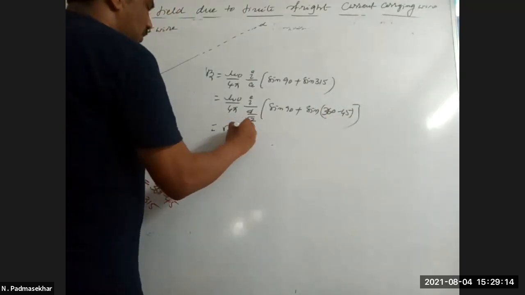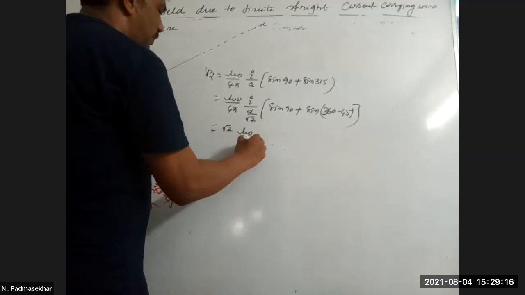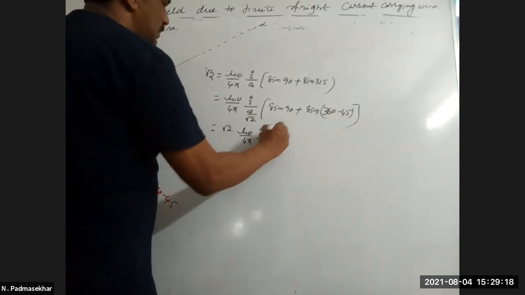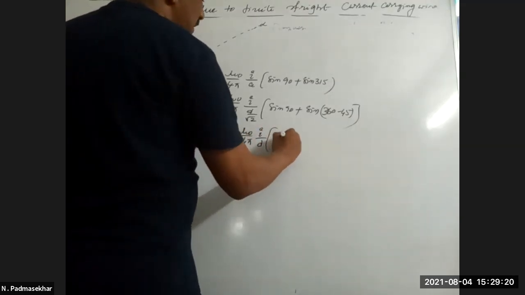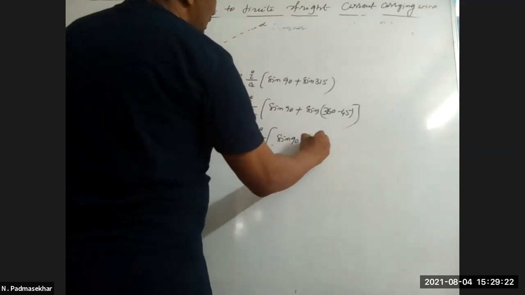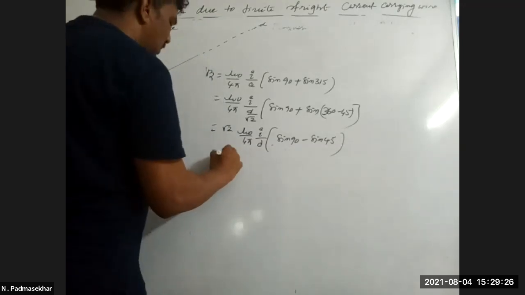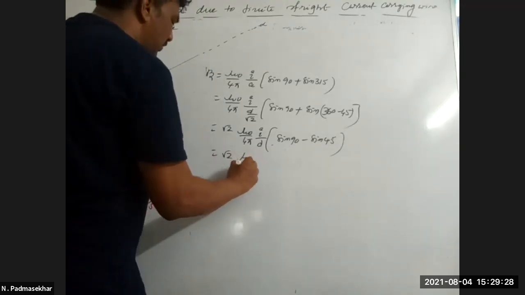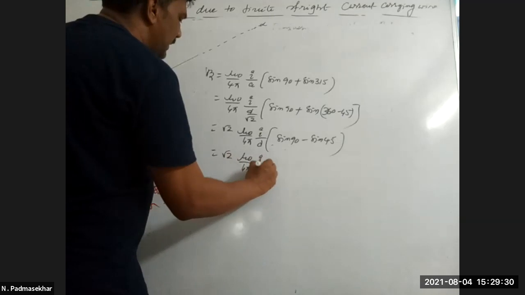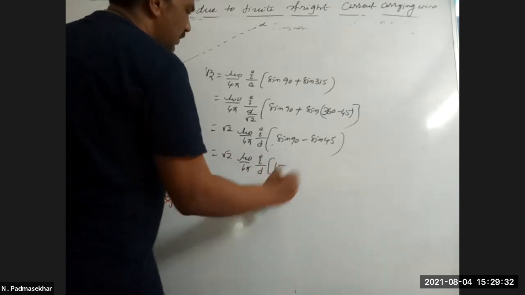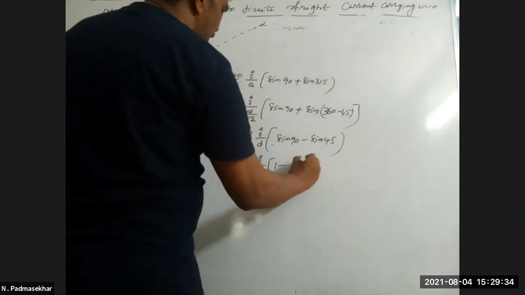So this is root 2 mu naught by 4 pi I by D. This is sin 90 minus sin 45. So this is equal to root 2 mu naught by 4 pi I by D. This sin 90 is 1, and sin 45 is 1 by root 2.